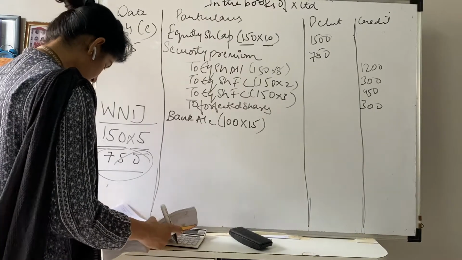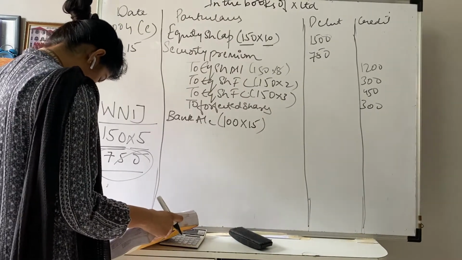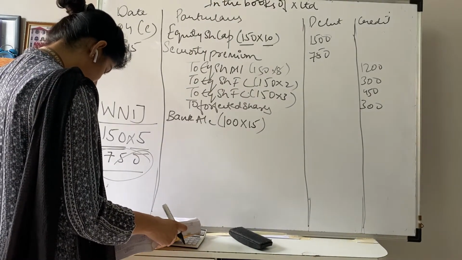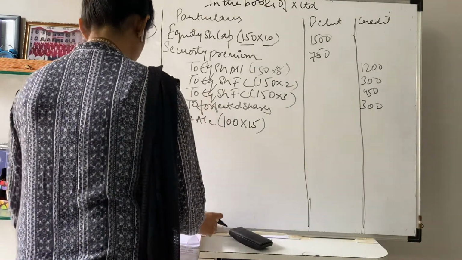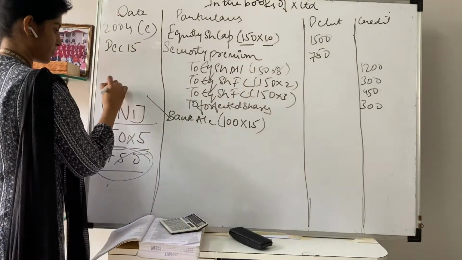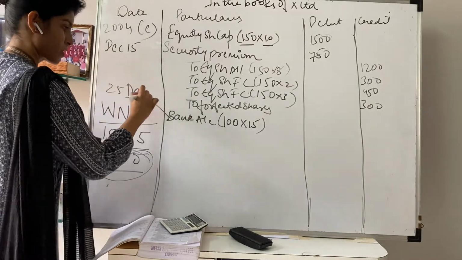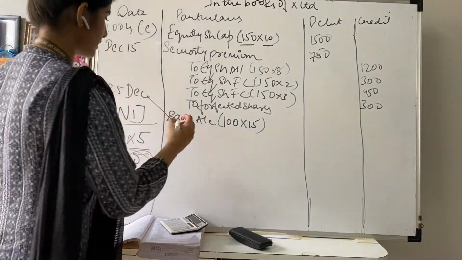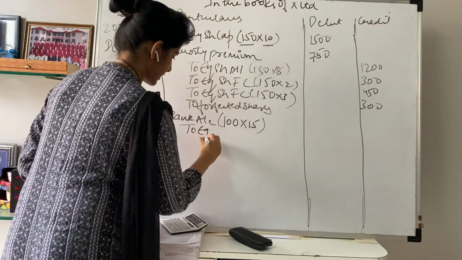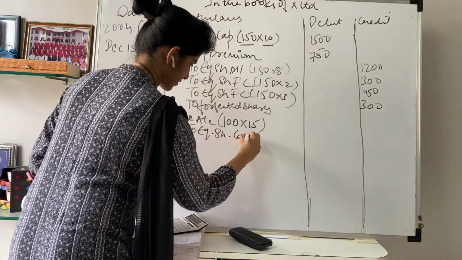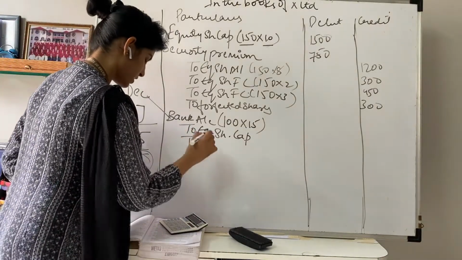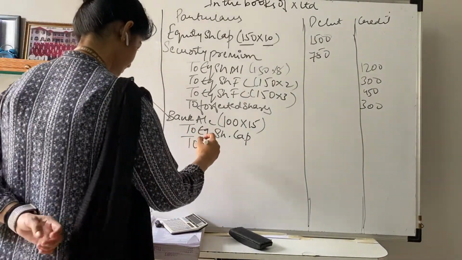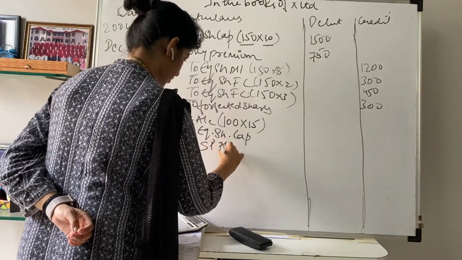Next thing is, we are reissuing shares to Shri Bhagwan at rupees 50 per share on 25th of December. So the date is also 25th of December. Bank account debit to equity share capital, because there is a premium, we'll write here, to security premium.